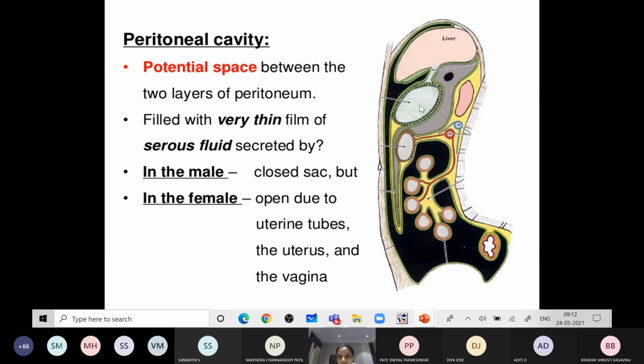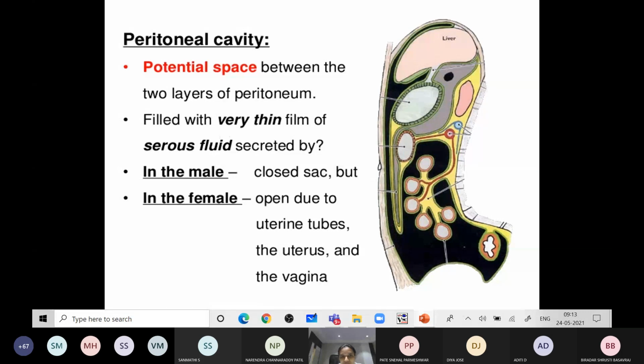In males, it's a closed sac, but in females the peritoneal cavity is open because the pelvic ostia of the uterine tubes are open. Through these pelvic ostia, the peritoneal cavity in females is exposed to the outside through the uterus and the vagina.